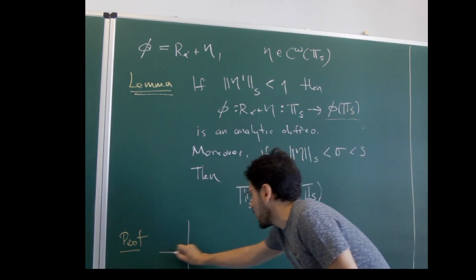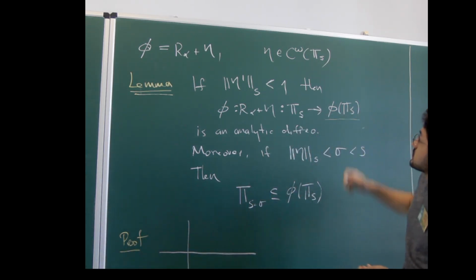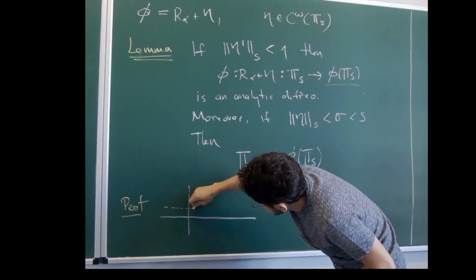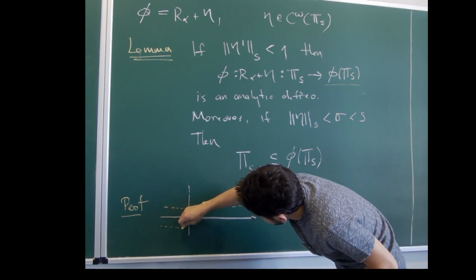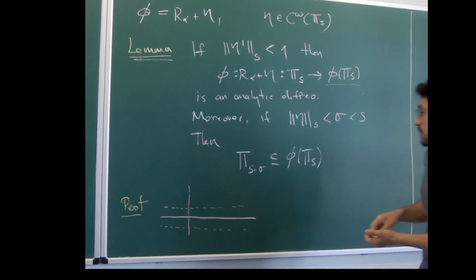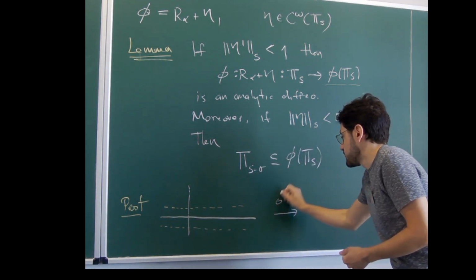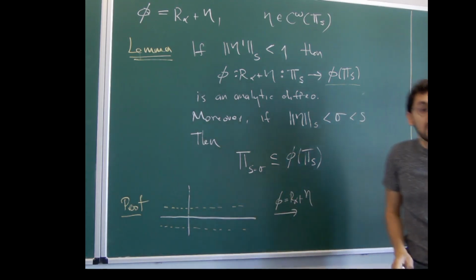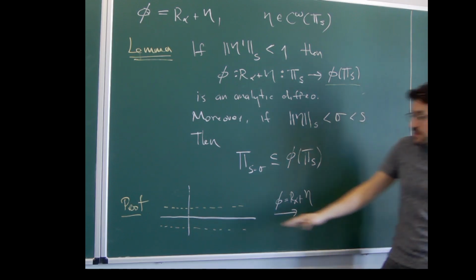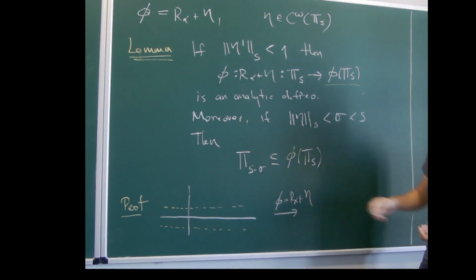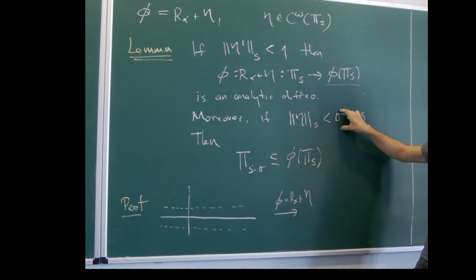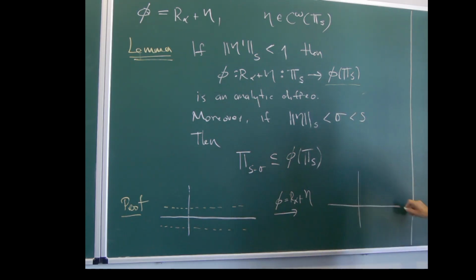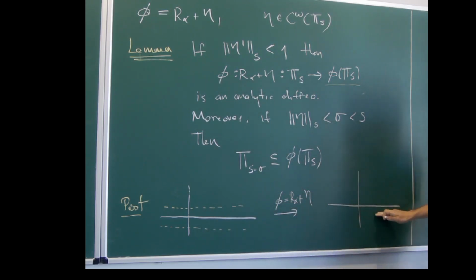So if you take this TS, this complex strip here, and you apply your transformation, Phi equal to R alpha plus eta. Well, R alpha is just adding alpha, so it preserves all the horizontal lines. And this eta moves things by at most sigma. And since this is real analytic, what is happening? Well, the real line has to be sent into the real line.